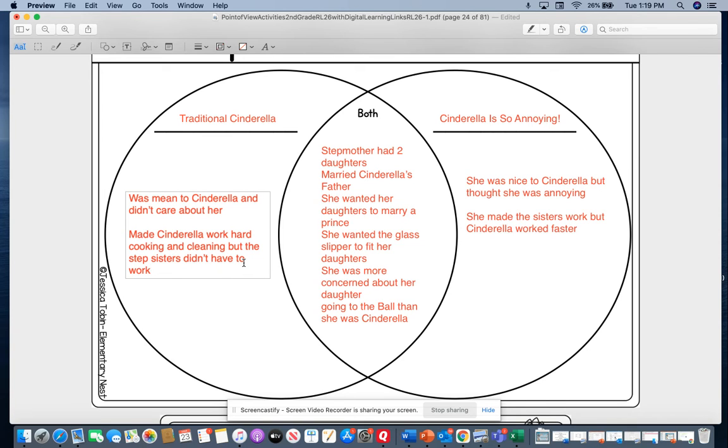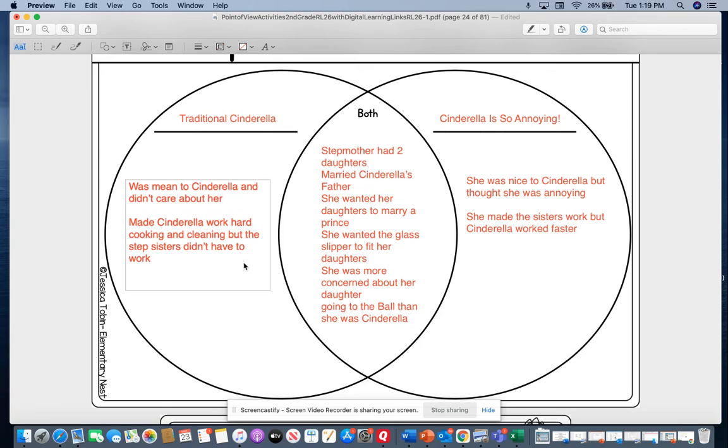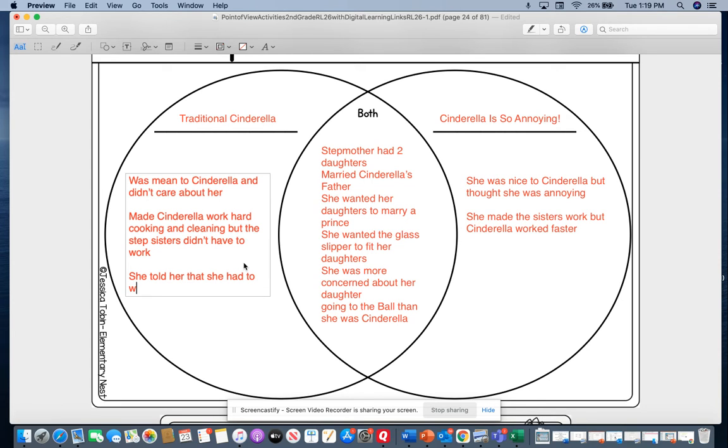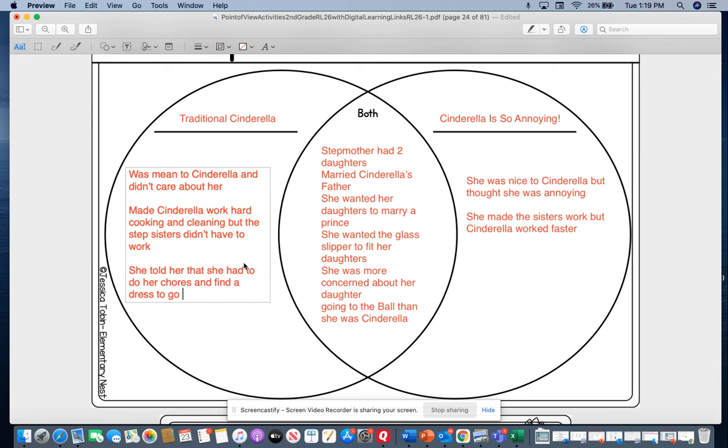All right. So remember, we're thinking about the stepmother's point of view. In the traditional Cinderella, she told her that she had to do her chores and find a dress to go to the ball.